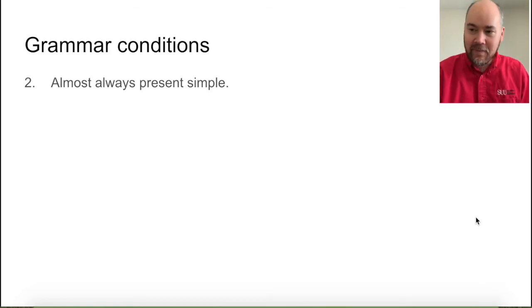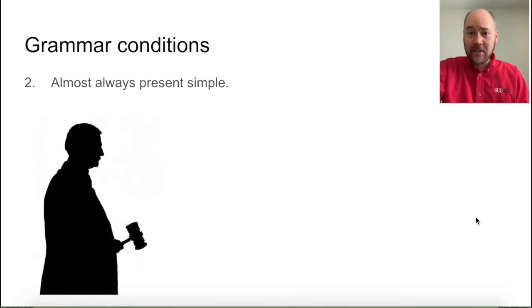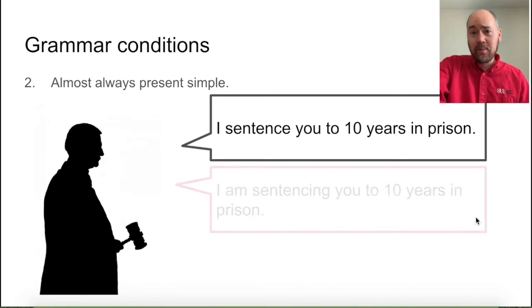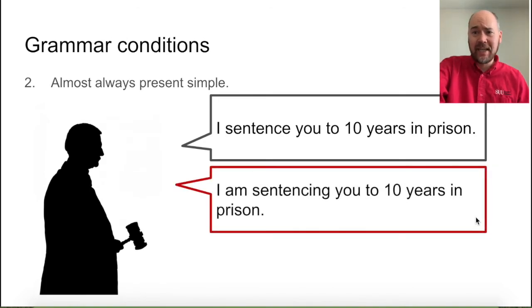Performatives look like that. So a judge sentencing someone to prison probably will use the simple present and say, I sentence you, not I will sentence you, or something like that. So it might look like this: I sentence you to 10 years in prison. Probably not, I am sentencing you to 10 years in prison. That sounds like he's describing what he's doing rather than actually doing the sentencing.